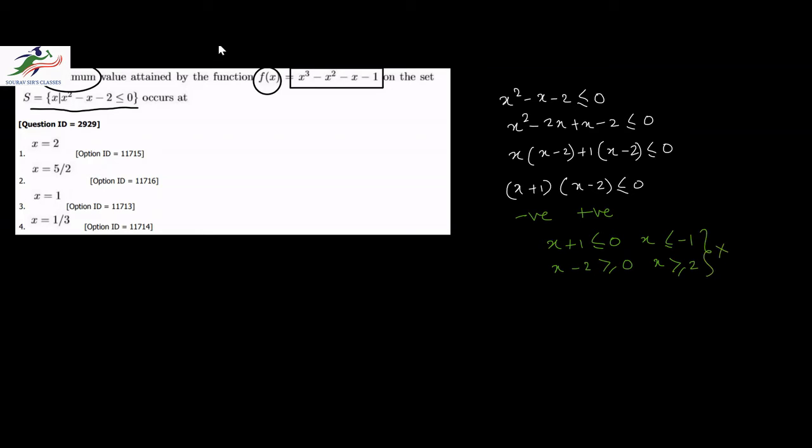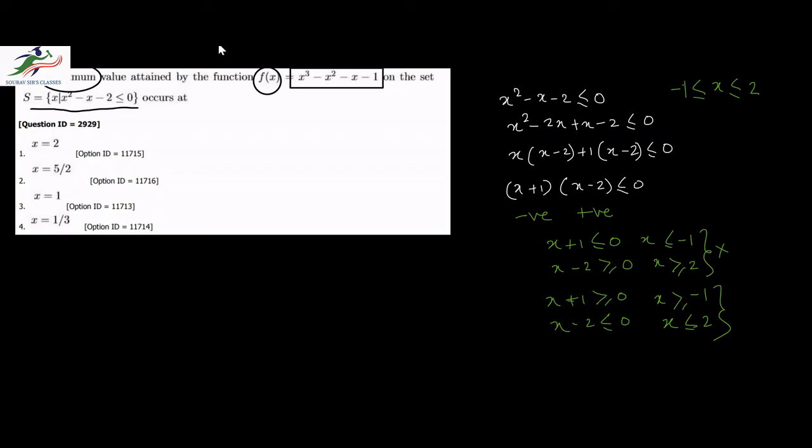This cannot happen simultaneously. So therefore x plus 1 should be greater than or equal to 0 and x minus 2 should be less than or equal to 0, or x greater than or equal to minus 1 and x less than or equal to 2. So this is the range within which x should lie. So x lies between minus 1 and plus 2.